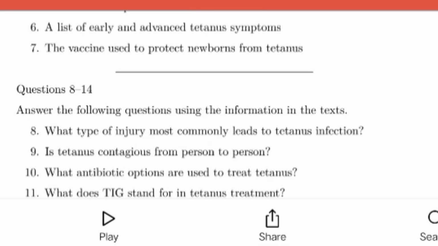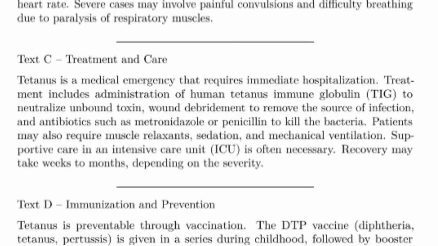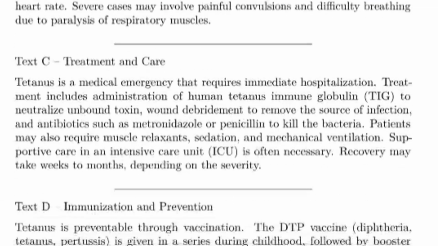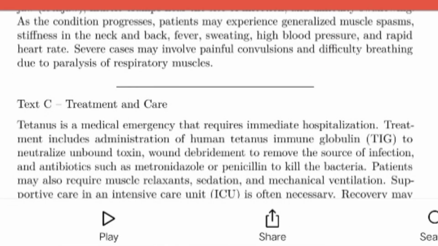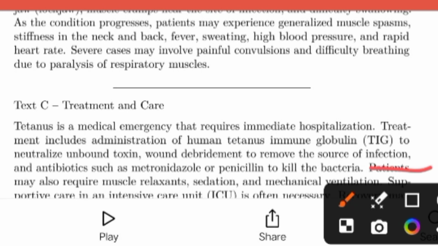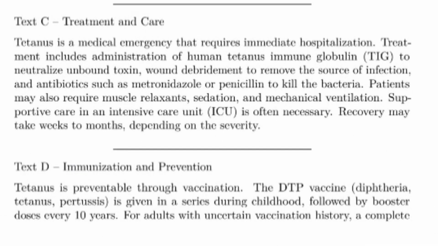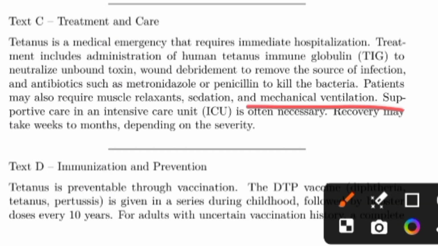The first text is for the overview, the second is for signs and symptoms, and for treatment we have to move toward text C. The answer is: patients may also require muscle relaxants and mechanical ventilation. So the answer is mechanical ventilation, which is supportive care in ICU. Mechanical ventilation is the answer for question 18.